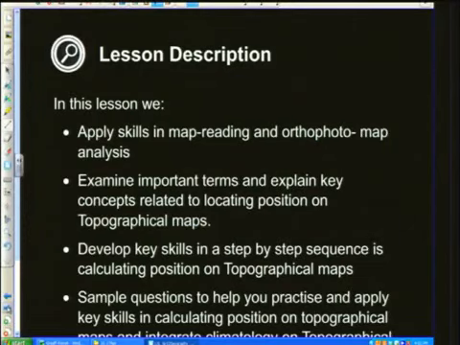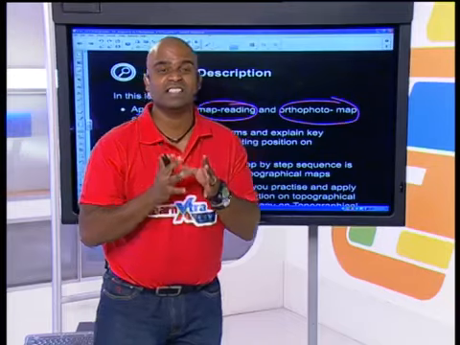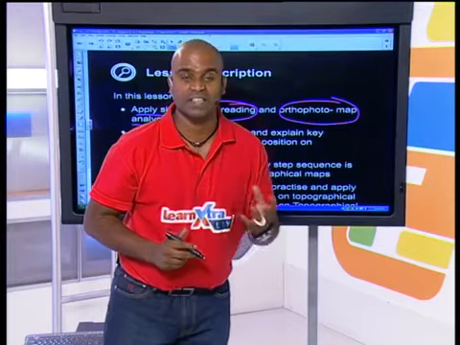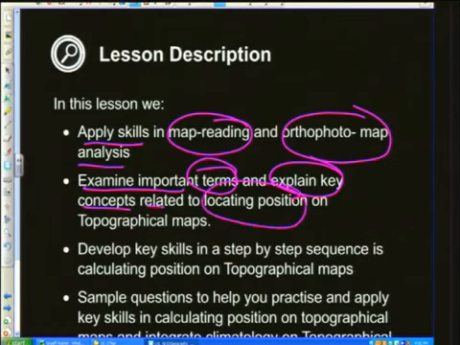In today's lesson, we will be applying the following concepts. Apply skills in map reading and orthophoto maps. We will be able to analyze these in terms of climate and climatological aspects that you have studied in theory. The next one is to examine important terms as well as explain key concepts related to the locating of position.